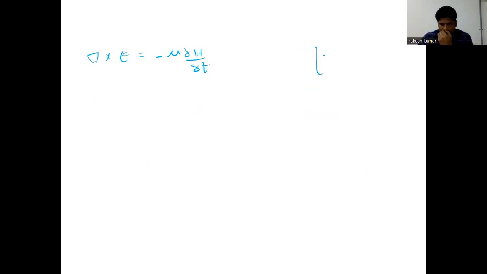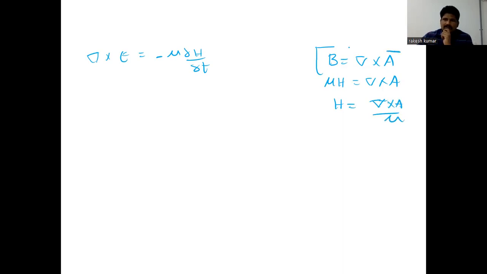So you know the relationship between magnetic field and vector potential A. B is equal to mu H, and B is equal to del cross A. Therefore, what is the value of H? H is equal to del cross A by mu.